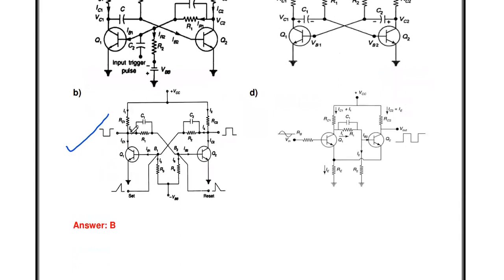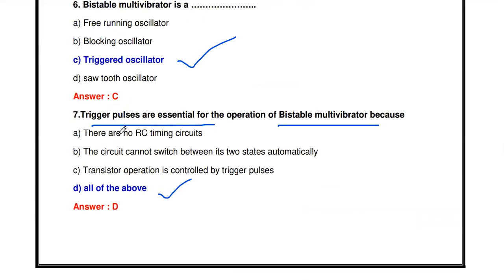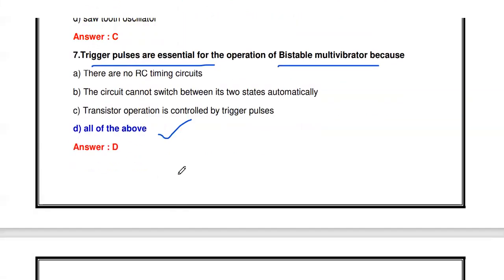If you see the circuit diagram, there is no capacitor coupling between one output and another input. So the circuit cannot switch between two states automatically. It is always in either stable state 1 or stable state 2. Only by the application of a trigger will a state change occur. So all of the above is the answer.